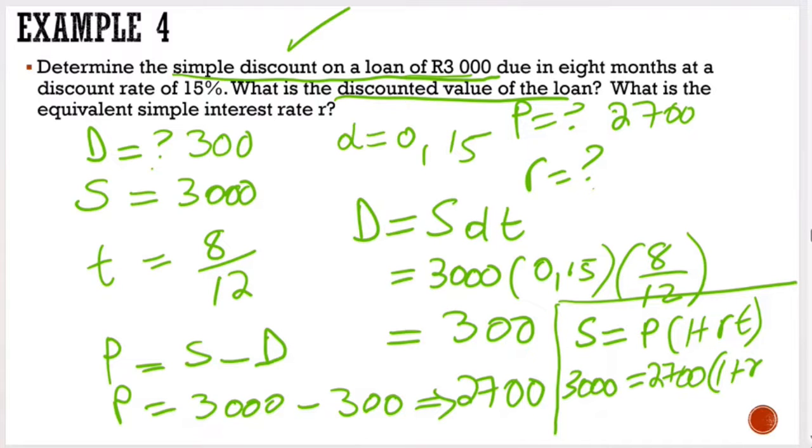That means I'm using a discourse of a discount, and I'm also using a discourse of simple interest. So my T is 8/12. This makes my life simple, so I can deal with my mathematics. Plug this into your calculator, and then you will get your R to be 16.